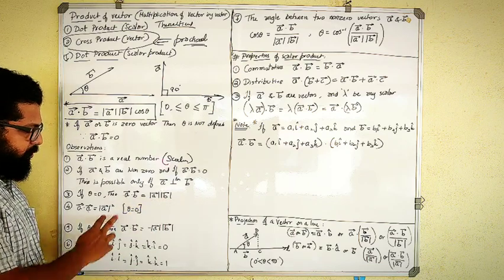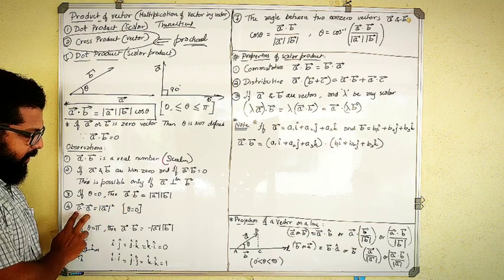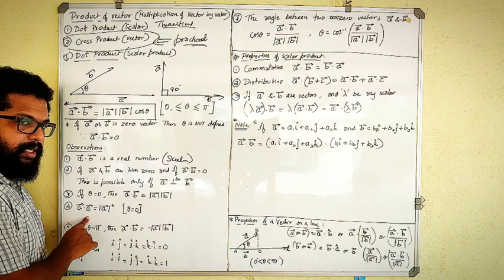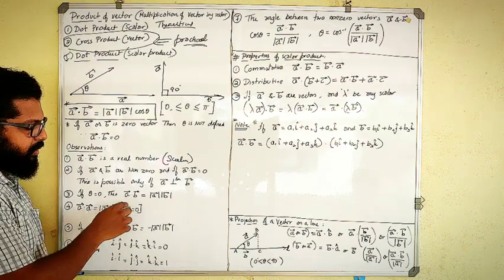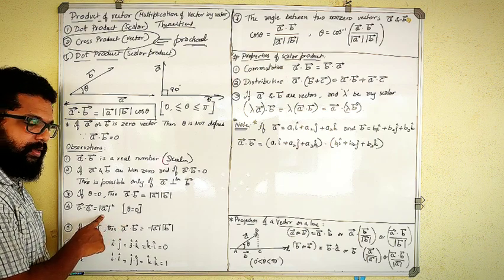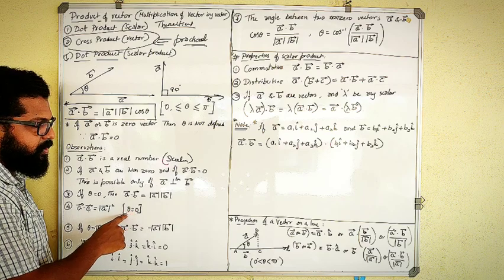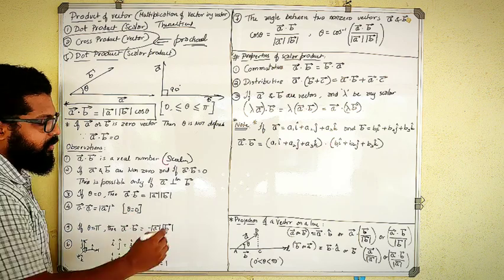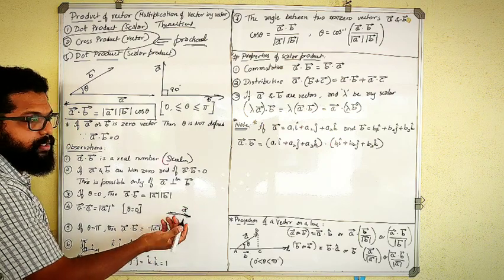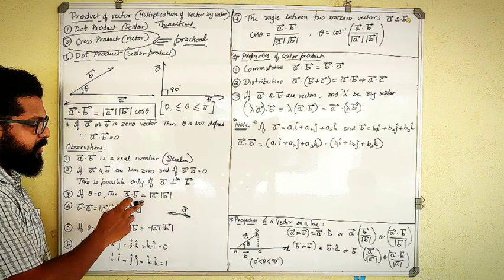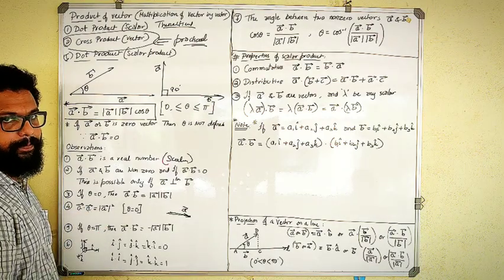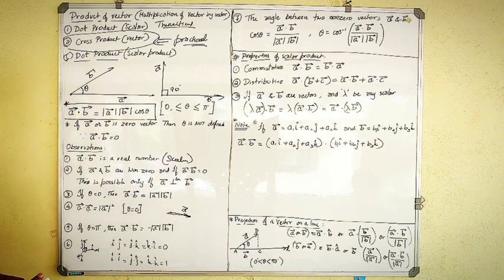Using that same thing, if I take the dot product of the same vector, a dot a, it is nothing but magnitude of a into magnitude of a, which is magnitude of a square. Clear? Because the vector into the vector itself, the angle between them is 0. Therefore it is just the magnitude of a into magnitude of a, which means magnitude of a square. Okay, so that was the fourth observation.